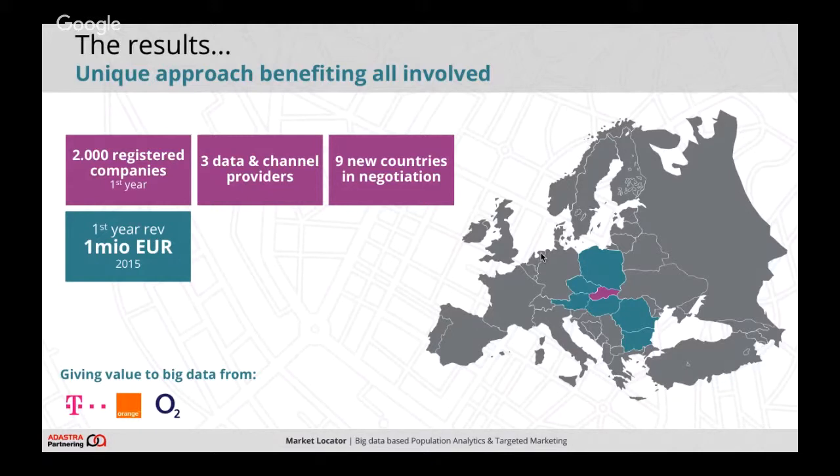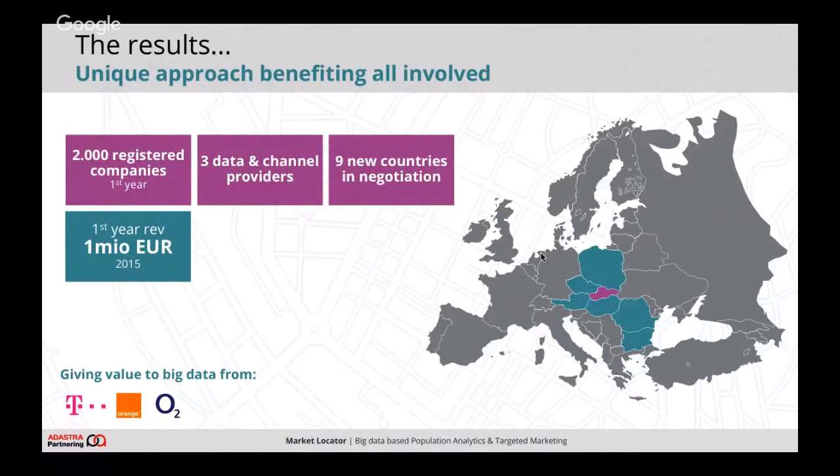So in the first year, 2,000 B2C customers, or better said, businesses which communicate or need to understand their customers, signed up for the solution on a market which has only 5 million inhabitants, so a very small pilot market.